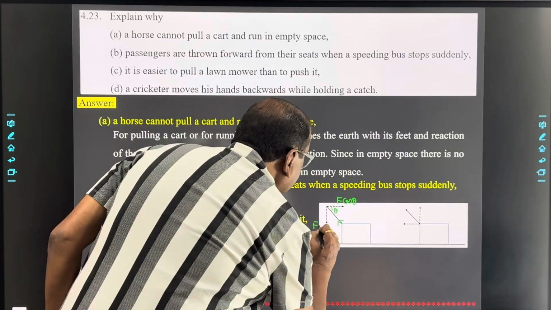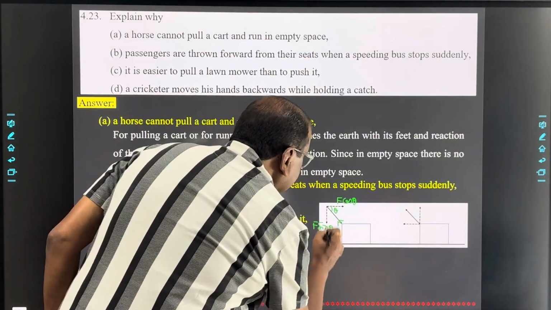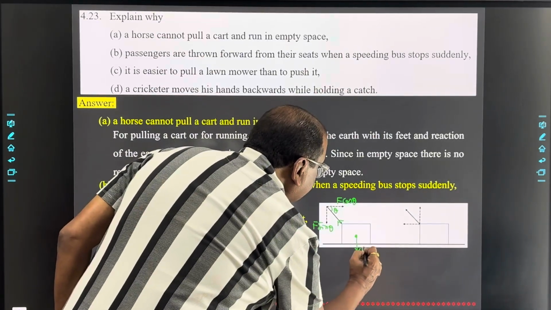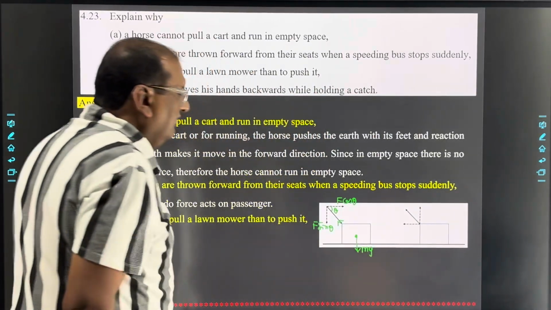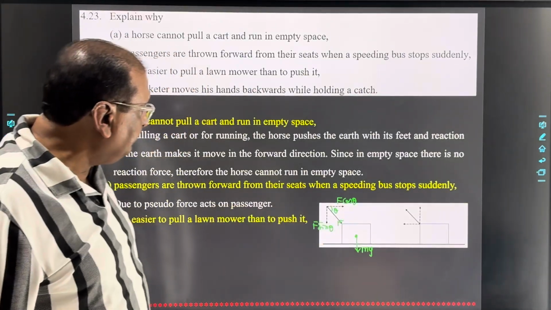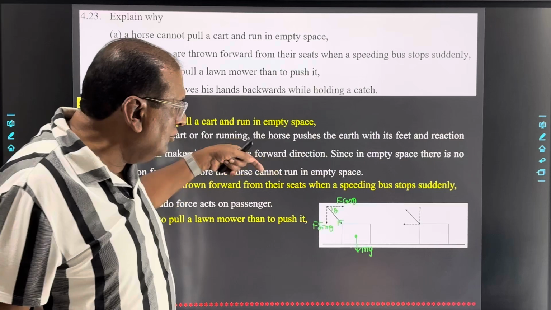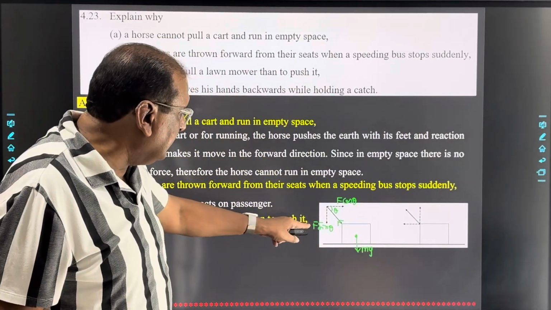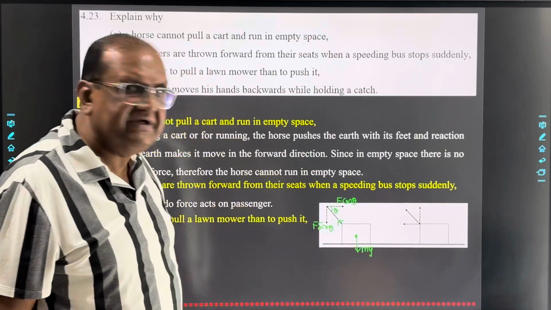Here F sin theta is vertically downward, as well as the force that is the weight of the object, mg, in the downward direction. So in this case, when you push it, the net force downward is F sin theta plus mg.